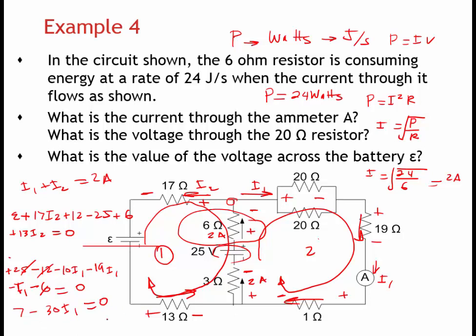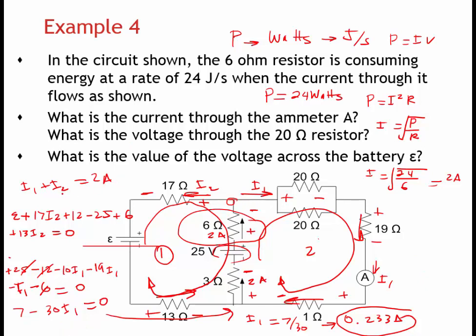So if we solve for I1, I1 is going to equal 7 divided by 30. In this case, my current for I1 comes out to be 0.233 amps. If I know the current I1, and I know that I1 plus I2 equals 2 amps, I can solve for I2.